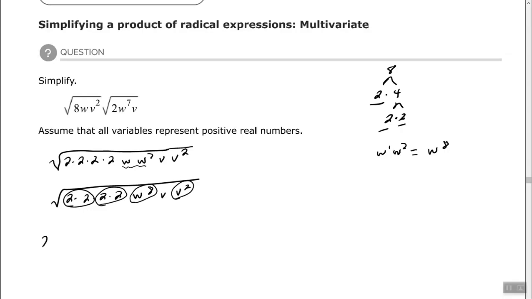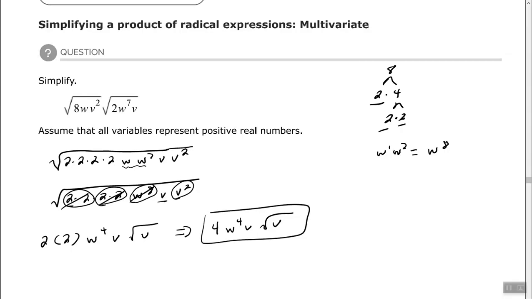So it gives me 2 from this pair of 2's times 2 from that pair of 2's times w to the 4th times v to the first power, and then I had a v left underneath my radical. So simplify on the outside there. And there you go.